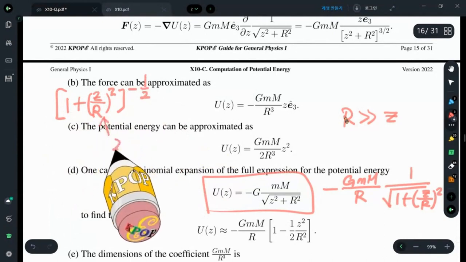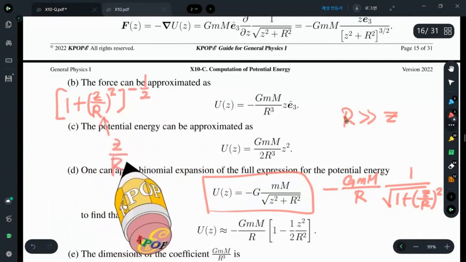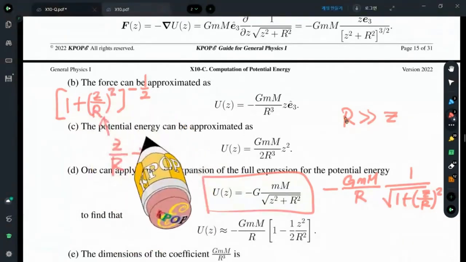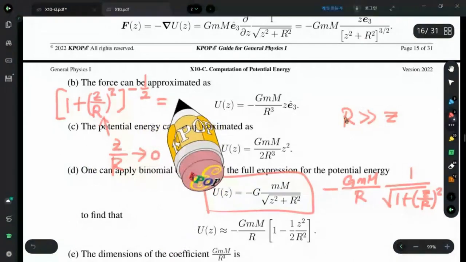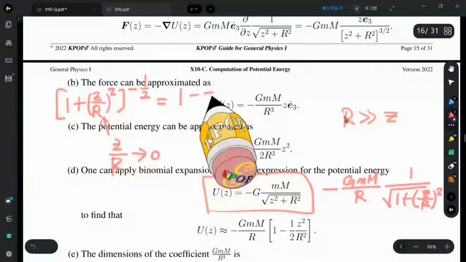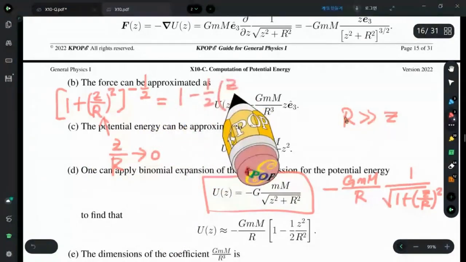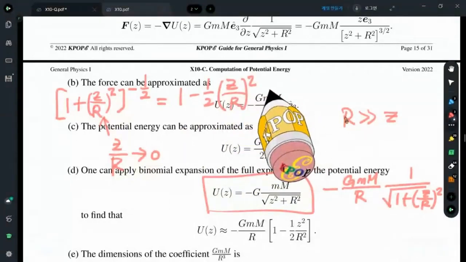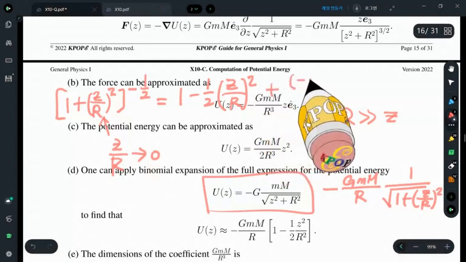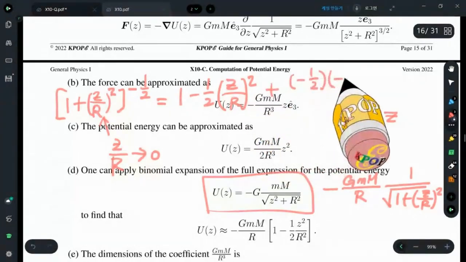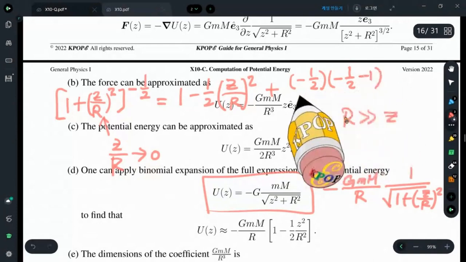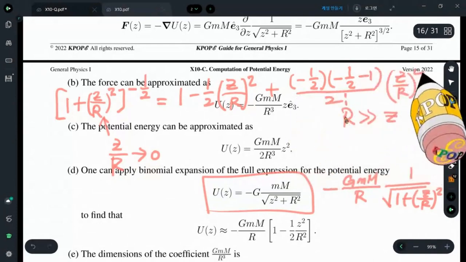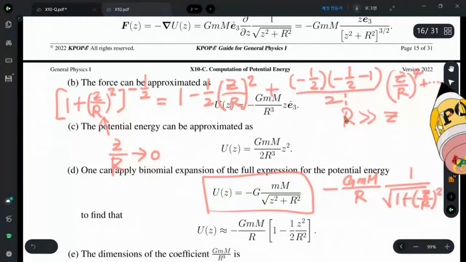If it is very small, z over r goes to 0, then what I can find is 1 minus 1/2 z over r squared, and the next term is minus 1/2 times minus 1/2 minus 1, over 2 factorial, z over r to the 4th power, and so on.